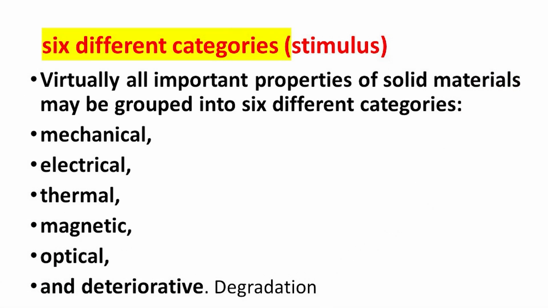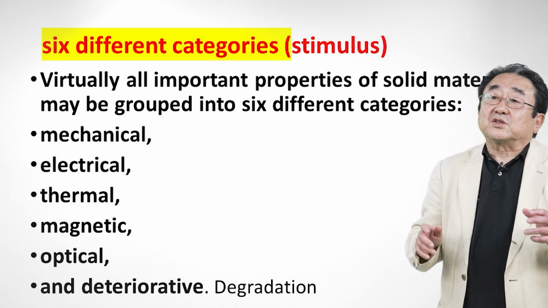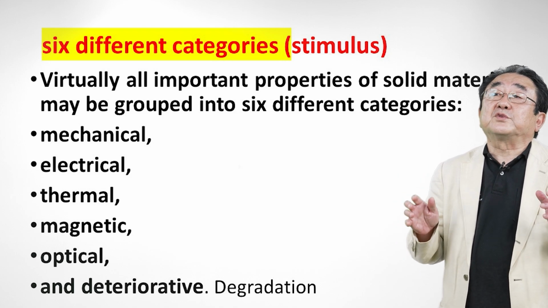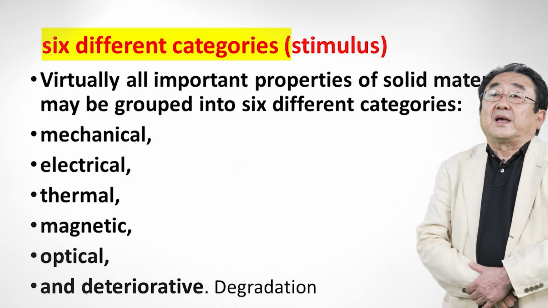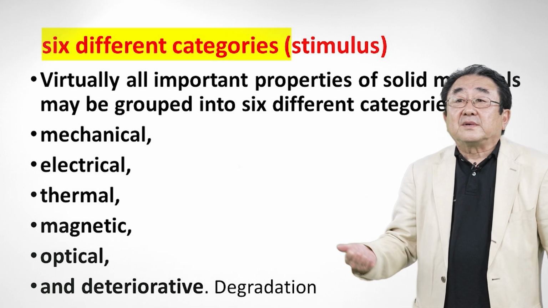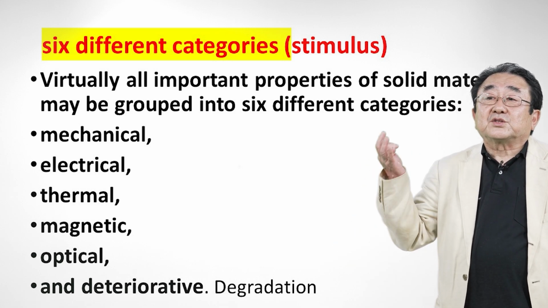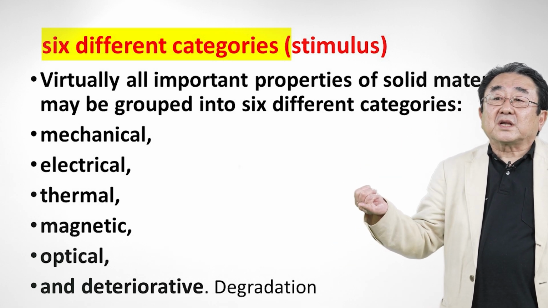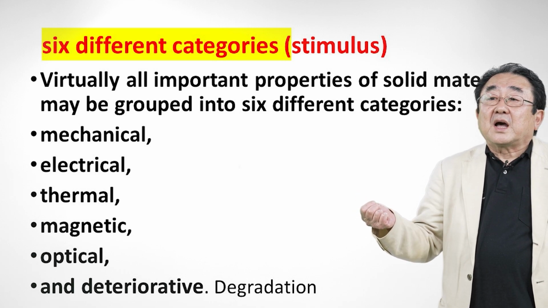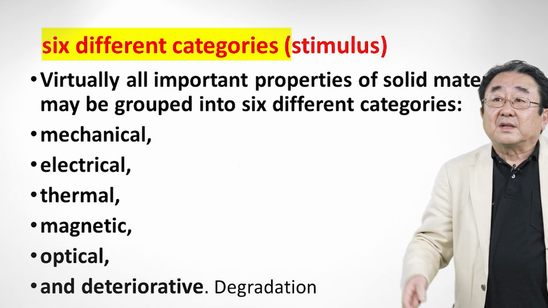So there are 6 different categories, that means 6 different stimuli: mechanical, electrical, thermal, magnetic, optical, and degradation.